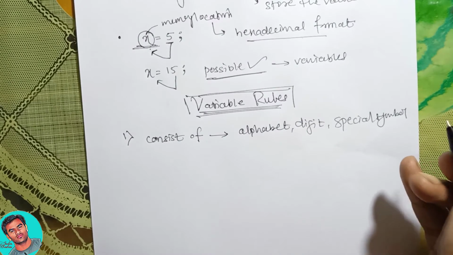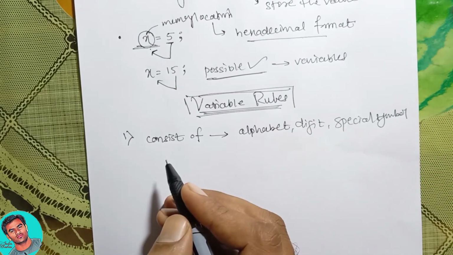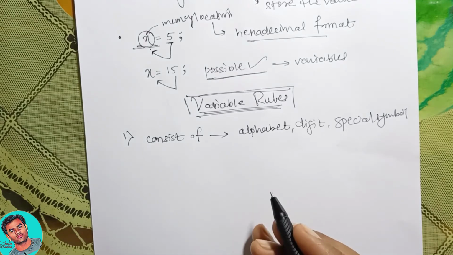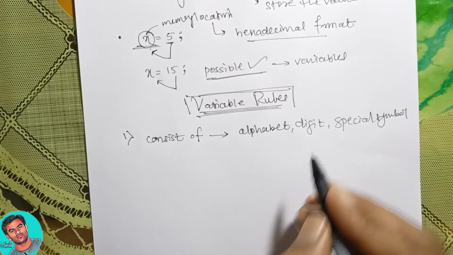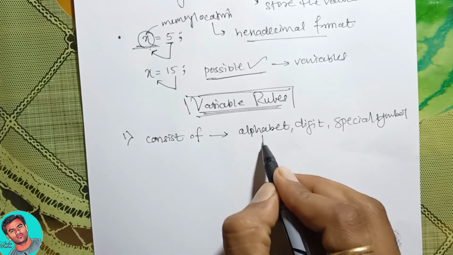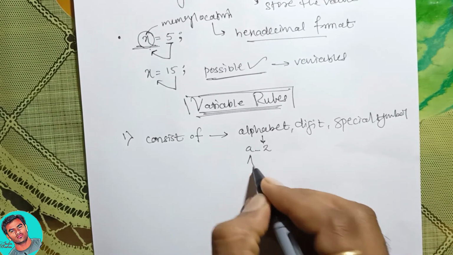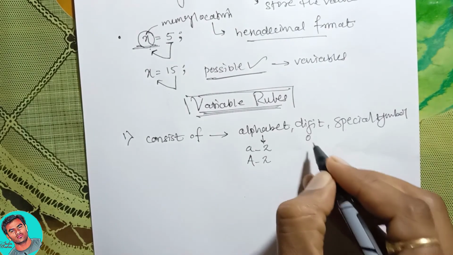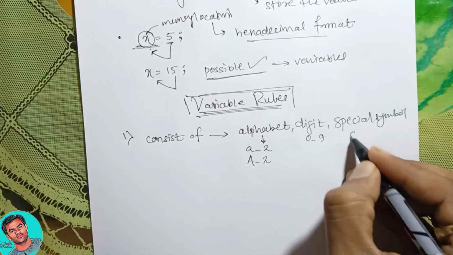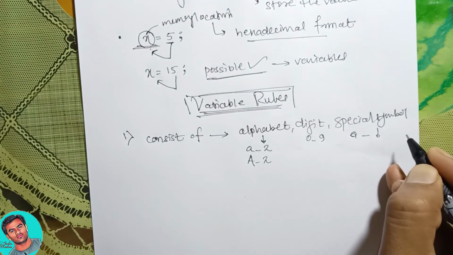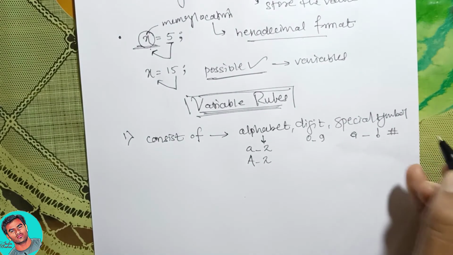Now what exactly do these alphabets, digits and special symbols consist of? Small a to z, capital A to Z, digits from 0 to 9, and some special symbols like @, underscore, exclamation sign, hash sign, etc.